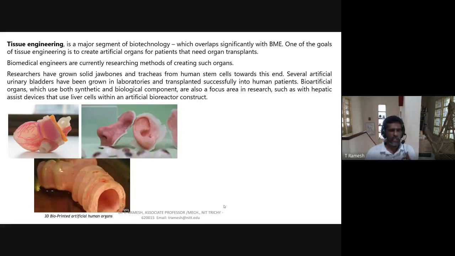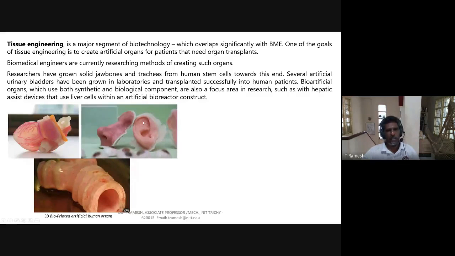So now the knowledge of material engineers, mechanical engineers, and manufacturing engineers is highly required to work together in order to arrive at a new system for developing such organs from suitable materials.